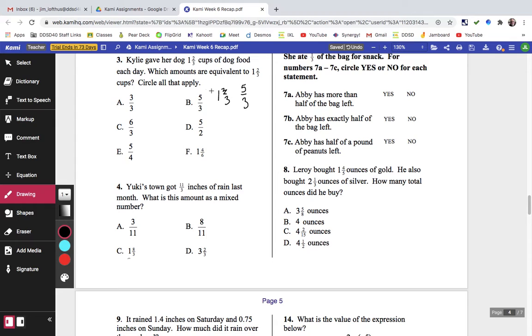Might be a little easier to see that it is not 3/3, and that's equal to 2, so it's not that one. 5/4 is 1 and 1/4, and that's not the same as 1 and 2/3. 1/4 is less than half, 2/3 is more than 1/2, so it's not equivalent. So 5/3, and it says circle all that apply. I know this is 2.5, so that's not equivalent. And 4/6 is equal to 2/3, so F.